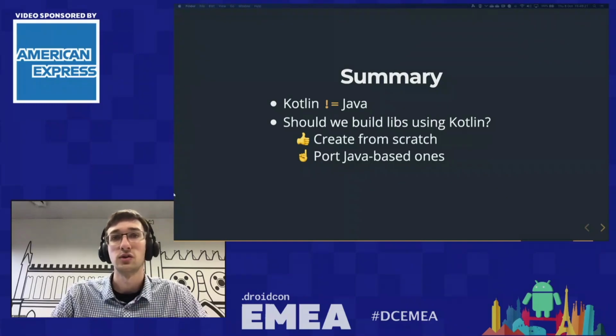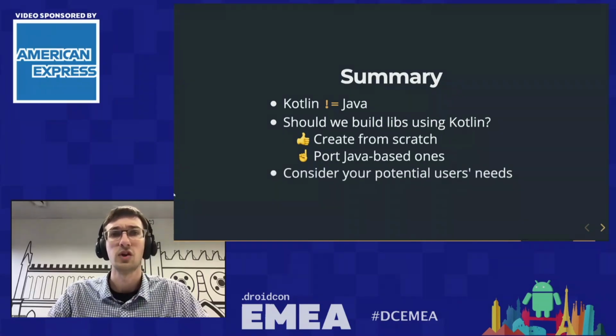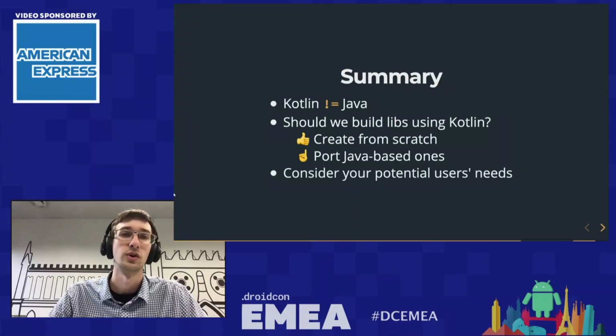Once we change our API, these wrappers can also change and crash. I think this is really risky. So after all, we need to consider our potential users' needs before we decide whether to convert from Java to Kotlin or not.